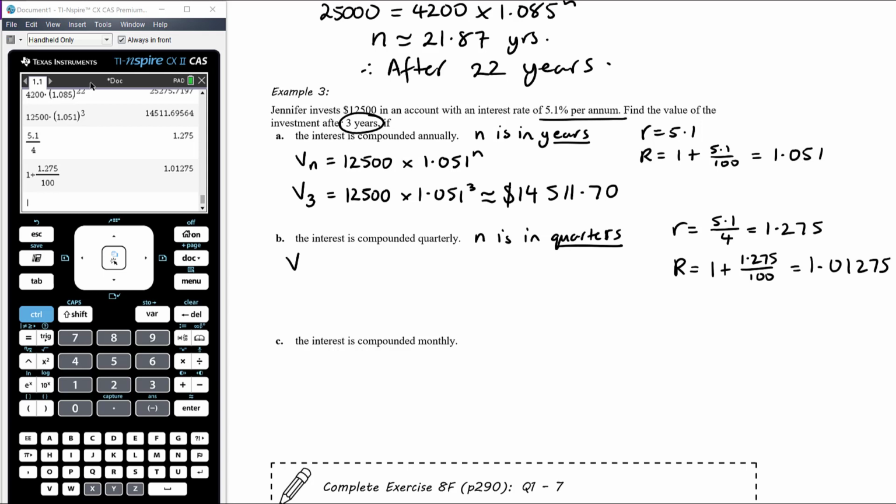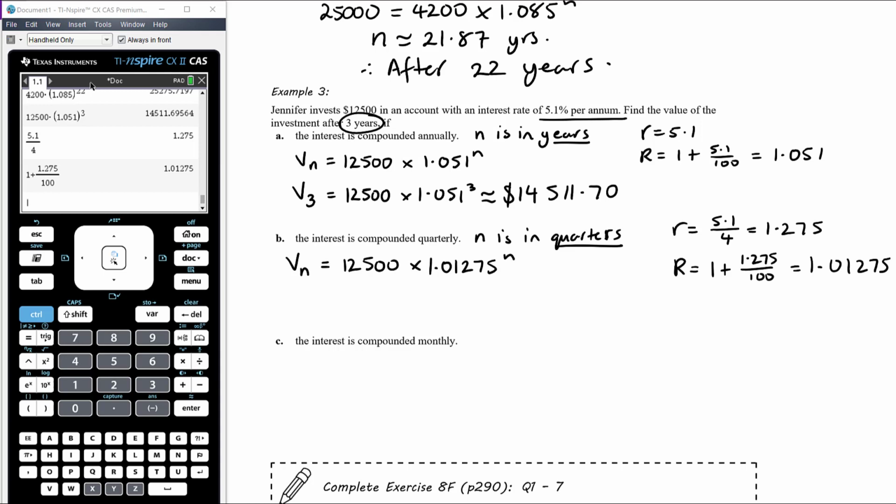Okay, so our rule for the value after n quarters is again the initial value, 12,500, multiplied by the capital R value for the quarterly interest rate, okay, so 1.01275 to the power of n.